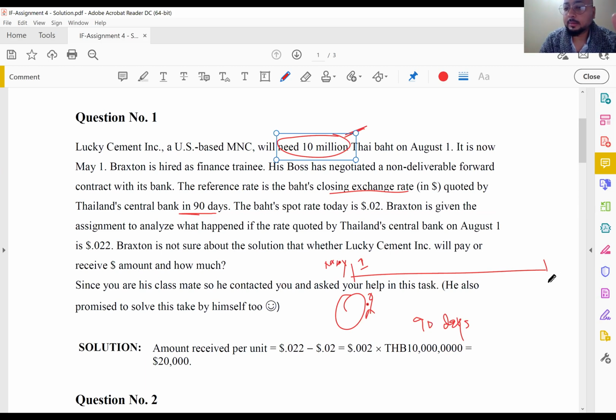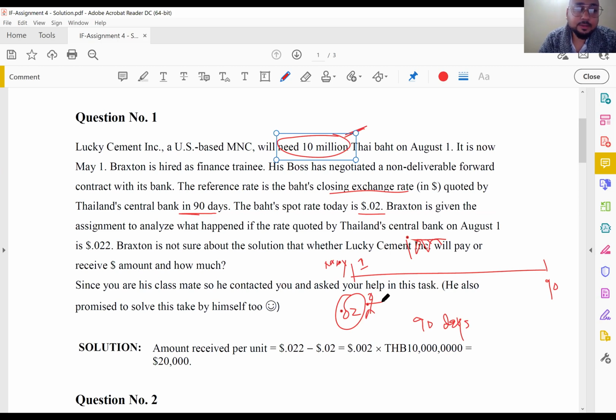The reference amount you just write down as 10 million, 10M. The baht spot rate today is $0.02. We just write it down here. You are right now here.